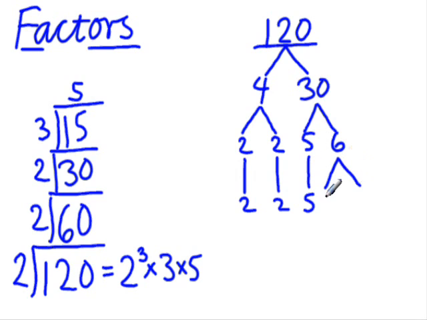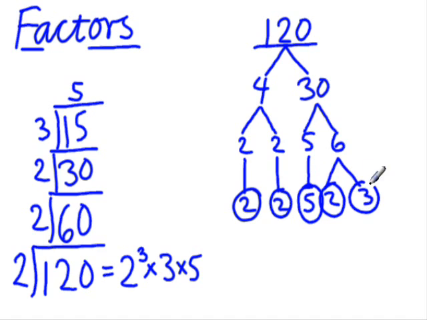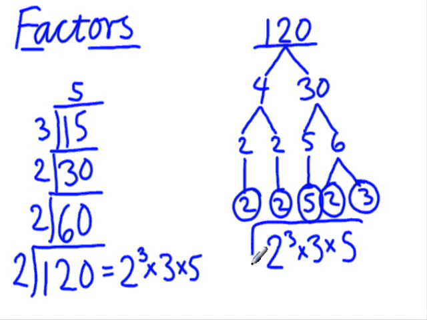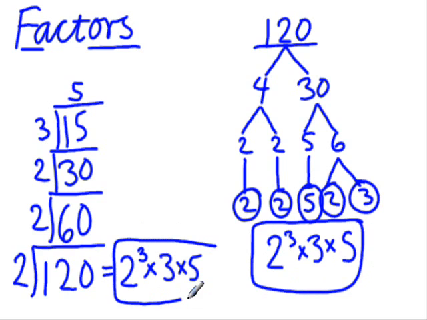And 6 is 2 times 3. So here are the prime factors using the factor tree method. And so we have 2, 2, and 2, 2 to the third power, times a 3, times a 5. And so we can see that the 2 methods will give us the same result, the prime factors of numbers. And prime factors are important when it comes to doing fractions, and especially equivalent fractions.